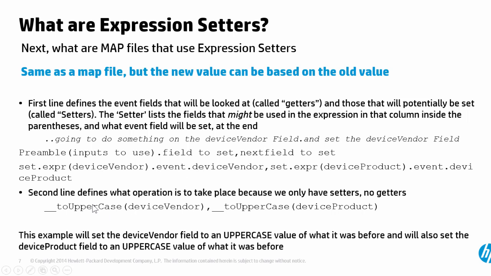In the second line is our setter, just like our other map files. So what we're doing here is replacing the device vendor value with an uppercase version of the device vendor. So we're saying set my device vendor to an uppercase, comma, I also want to set my device product to an uppercase. In other words, we've got multiple getters and multiple setters all in the one file. So it becomes rather handy.